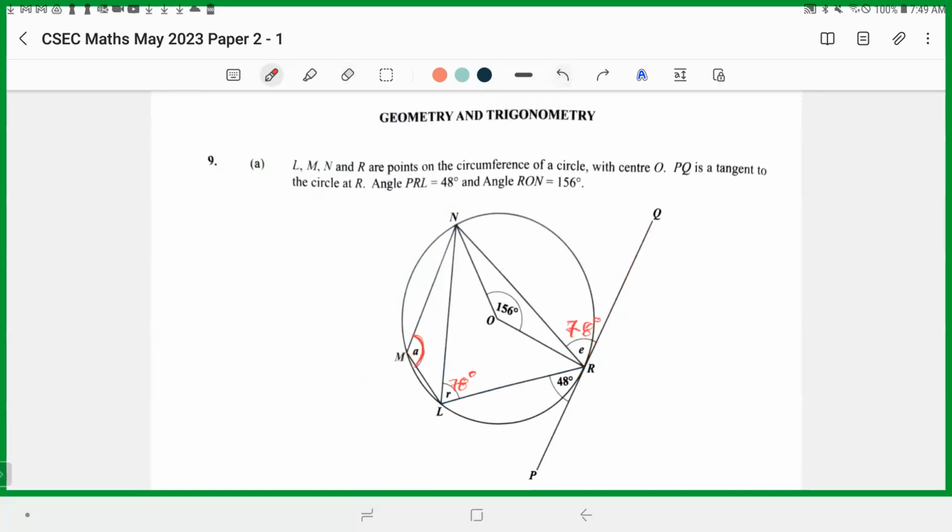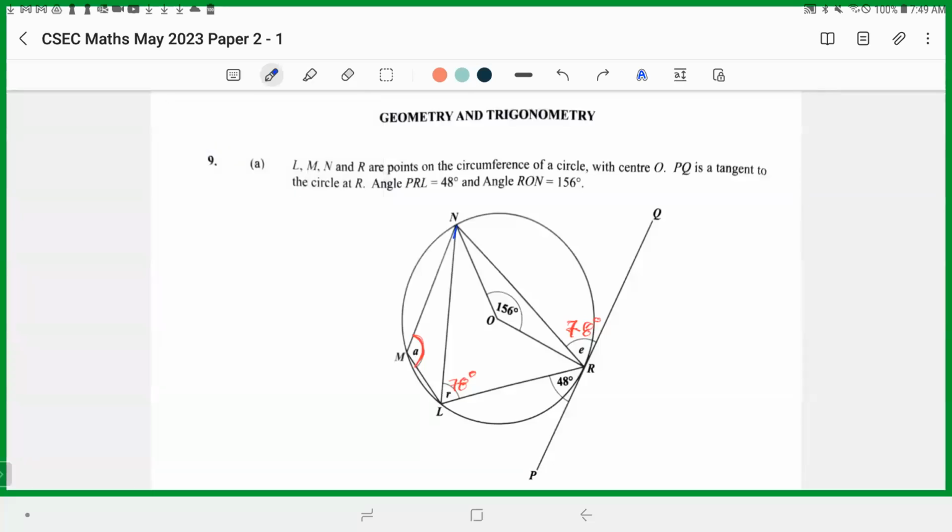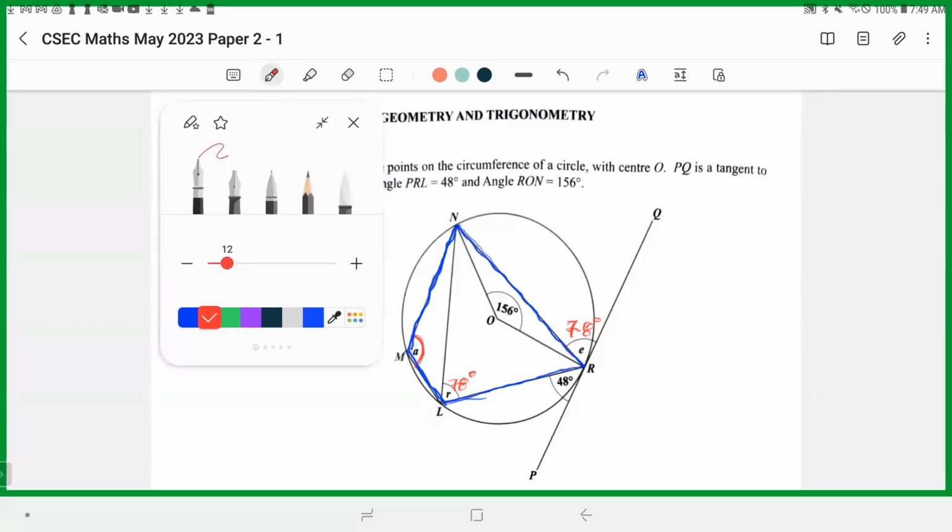That angle is a part of this cyclic quadrilateral in blue. So that angle A that we want, that I've marked in red, is supplementary with this angle.